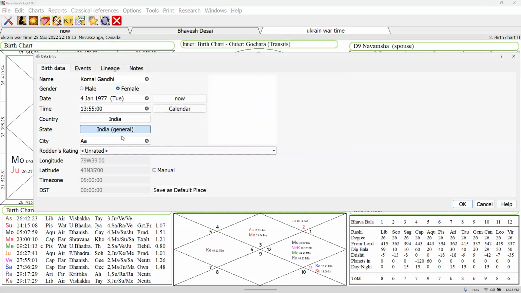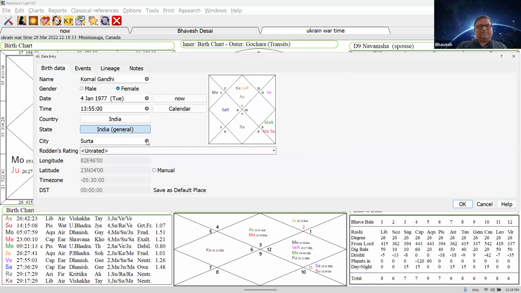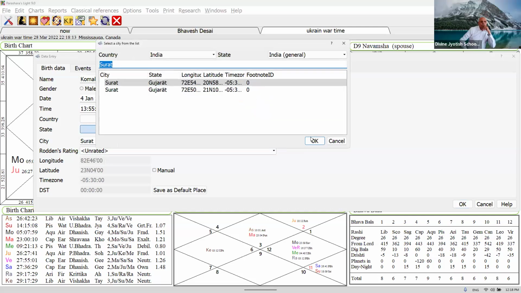No, Surat is the city. Sorry, I am from Navsari.